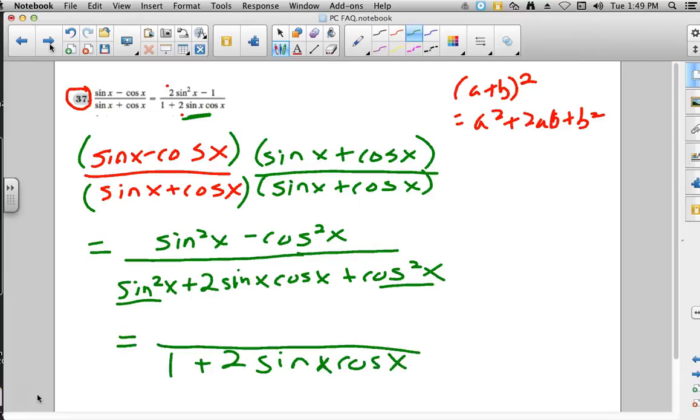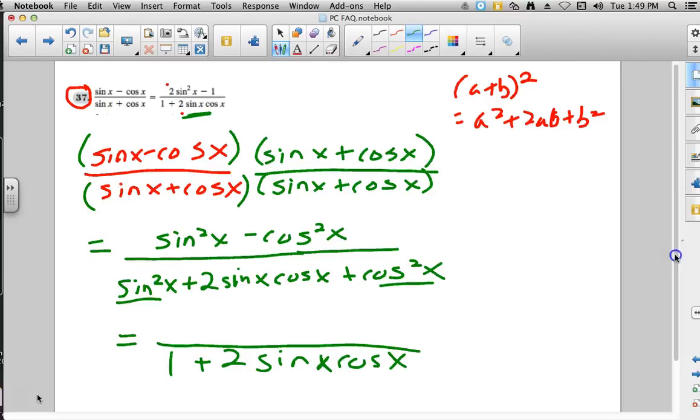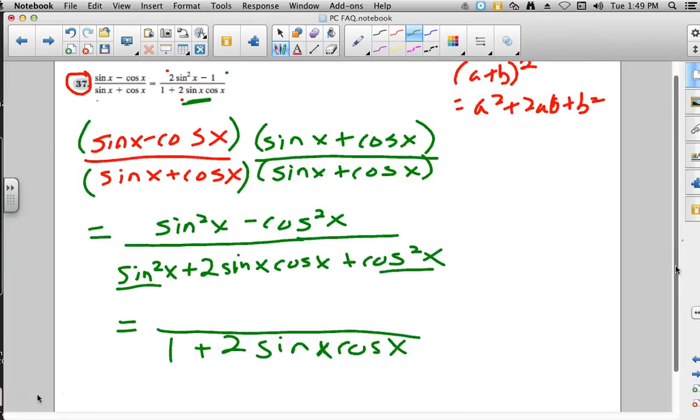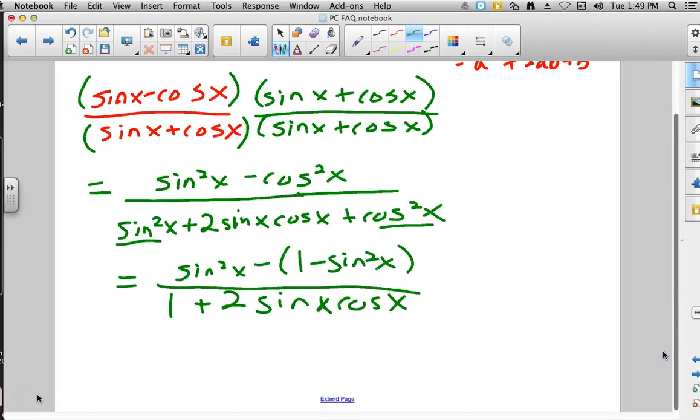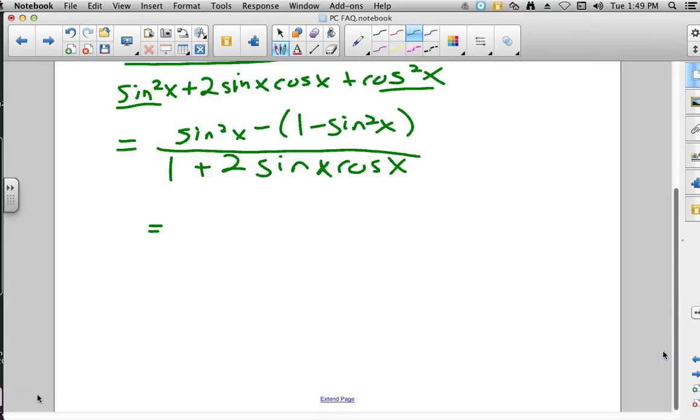So the numerator, I need 2 sine squared x minus 1. Well, there's no cosine in the right side. So what I'm going to have to do is take sine squared x and subtract 1 minus sine squared x using the Pythagorean identity.